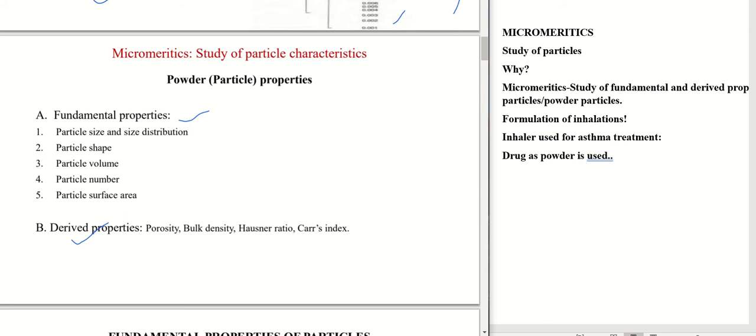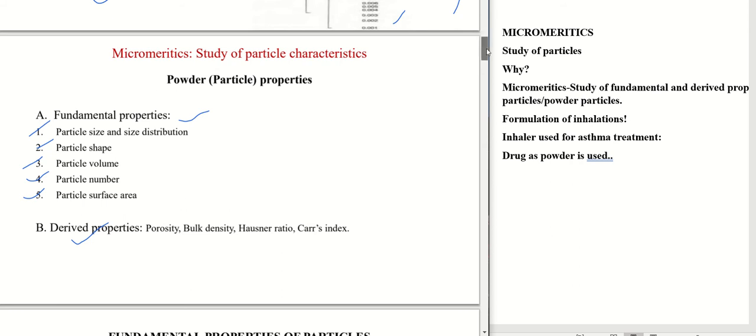In this lecture, we will be discussing fundamental properties, which include particle size, particle shape, particle volume, the number of particles present in a given sample, and particle surface area, that is, the surface area of each particle, and how we can determine all these properties. Being a pharmacist, we need to know how to determine the properties of the powders before we start with the formulation.